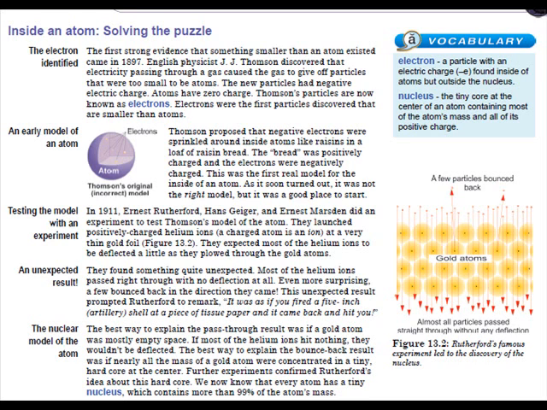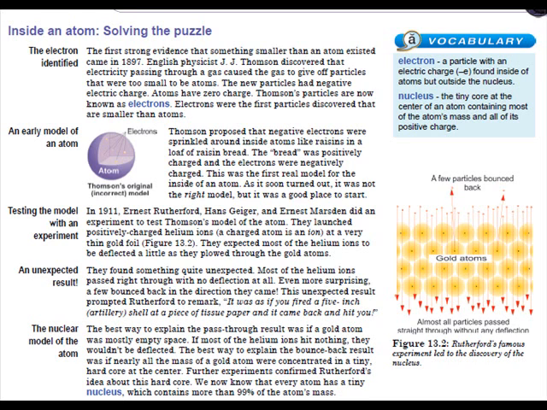In 1911, Ernest Rutherford, Hans Geiger, and Ernest Marsden did an experiment to test Thomson's model of an atom. They launched positively charged helium atoms (a charged atom is an ion) at a very thin gold foil, Figure 13.2. They expected most of the helium ions to be deflected a little as they plowed through the gold atoms.